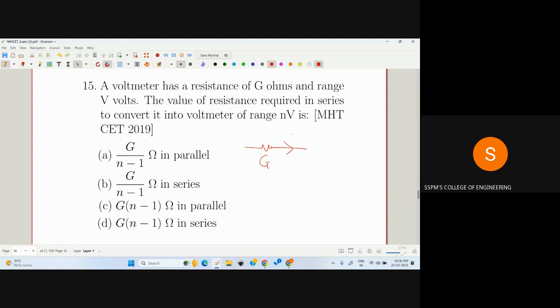What is the potential across the galvanometer according to Ohm's law? It will be Ig into G. The voltage is Ig into G.